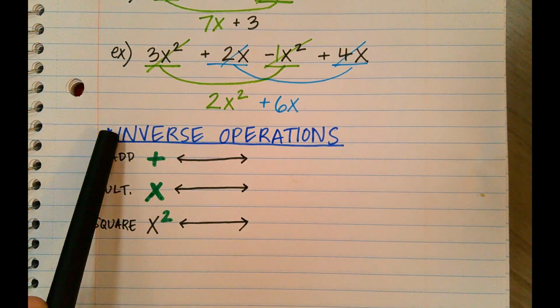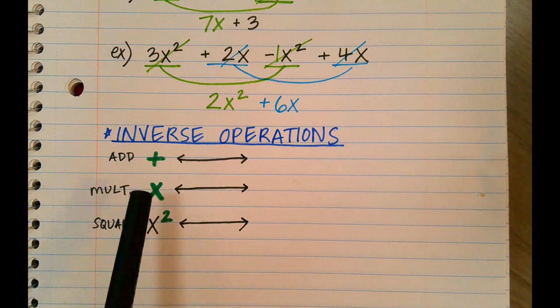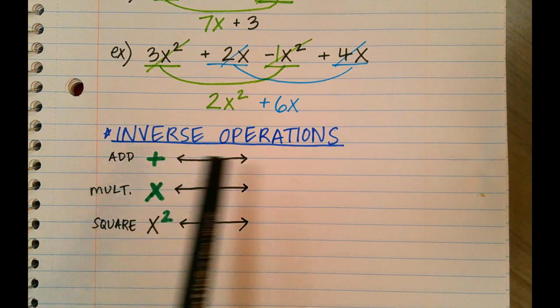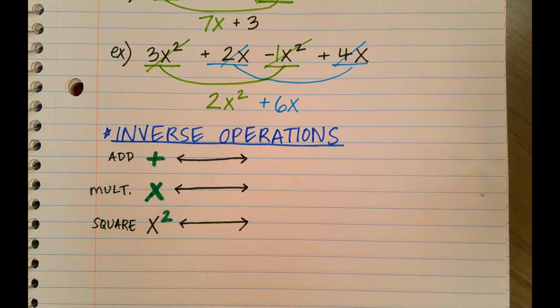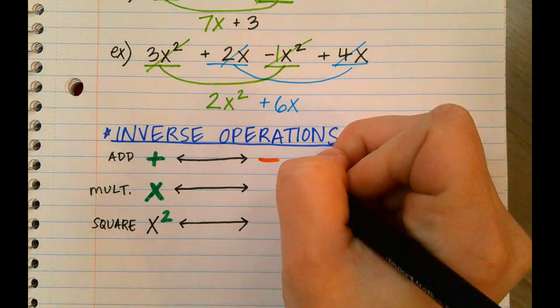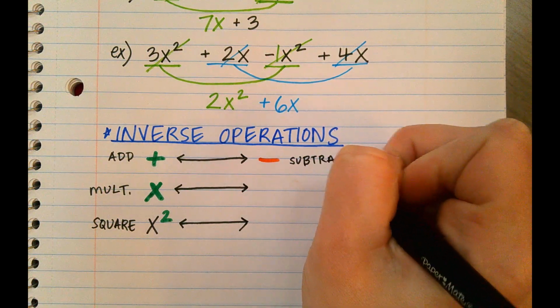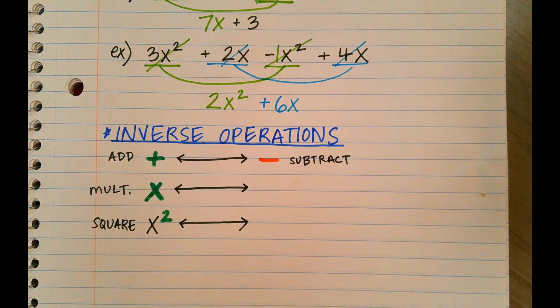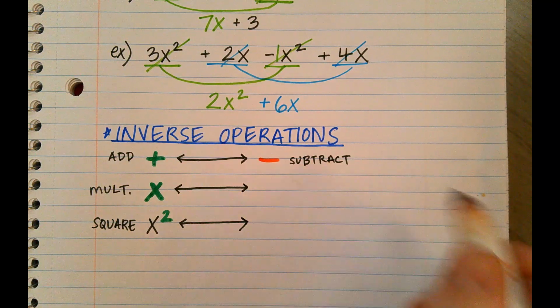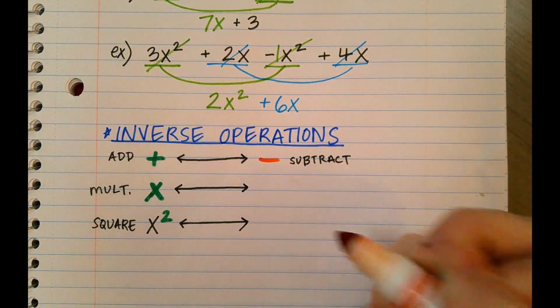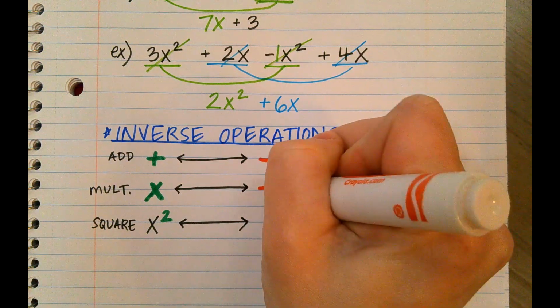So if inverse means opposite, what do you think I should put on the opposite side of add? Subtract, yes. That's the opposite of adding. How about the opposite of multiply? Division, divide, good.